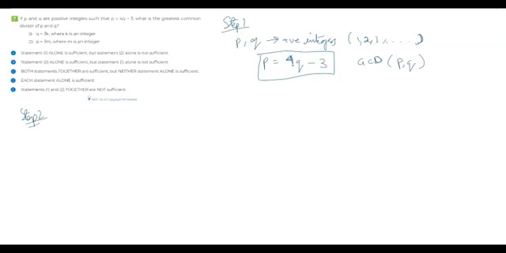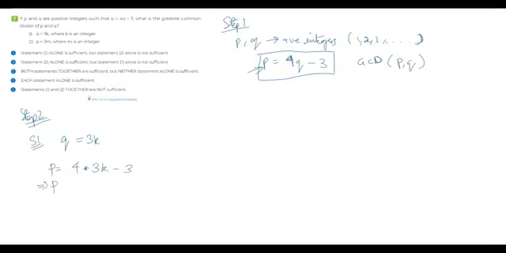So let's go to step 2 and let's look at the first statement, which is Q is equal to 3K, where K again is an integer. Okay, so Q is equal to 3K. We can substitute the value of Q in this expression and write P as 4 times 3K minus 3.